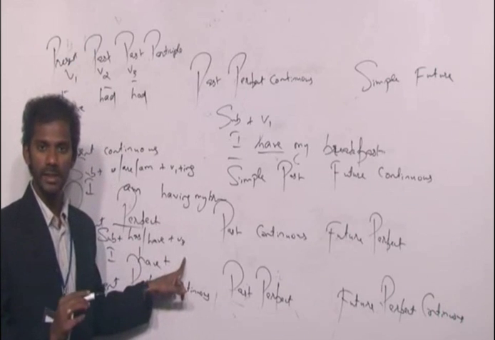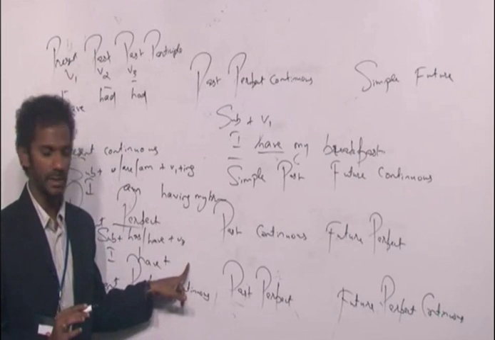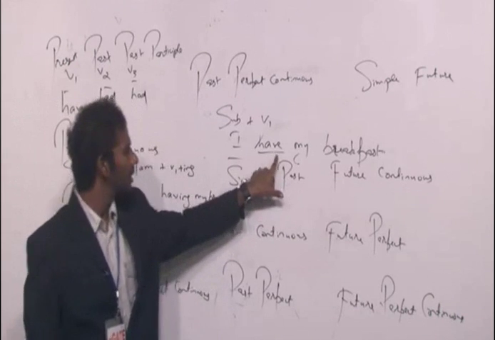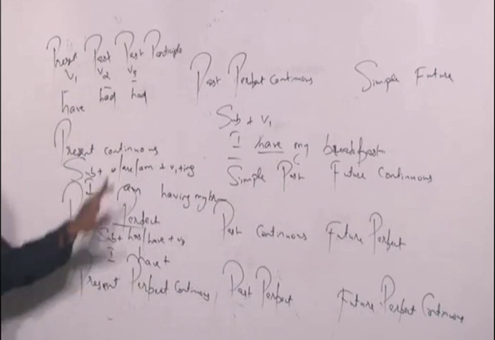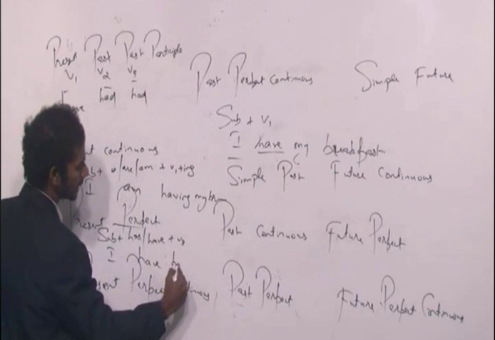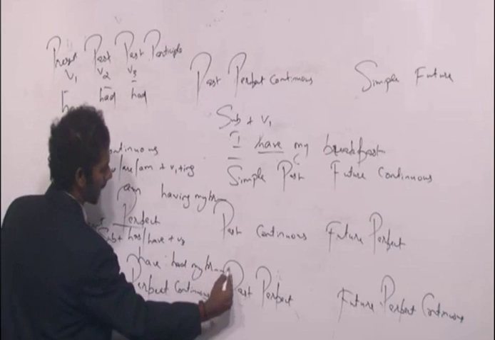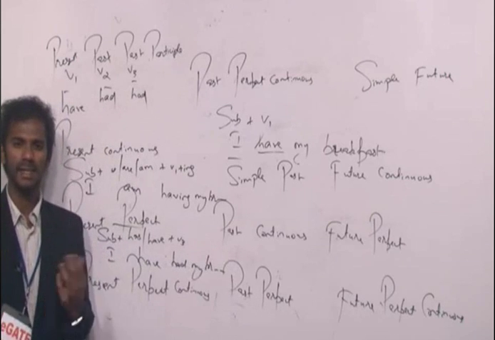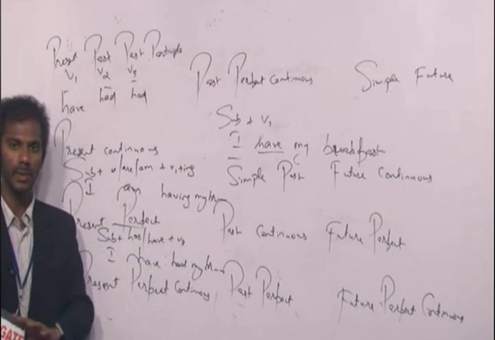I told you in perfect tenses only V3 comes and V3 must come. What is a verb in this sentence? Have. What is the V3 of have? Had. So it should be I have had my breakfast. Sounds absolutely incorrect, but it's absolutely correct.